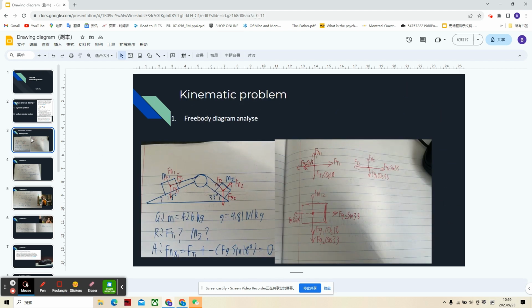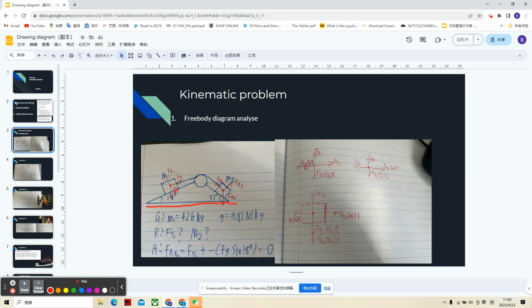Let's move on. For solving kinematics problems, the first thing we need to do is analyze the free body diagrams for each object. Over here, I redrew the diagram on paper and we can analyze M1.